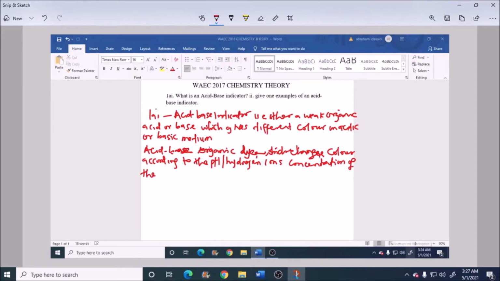So it's referred to as an organic dye which changes color according to the pH or hydrogen ion concentration of the solution.